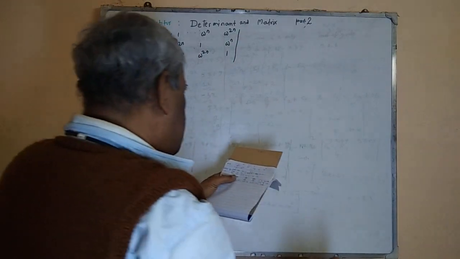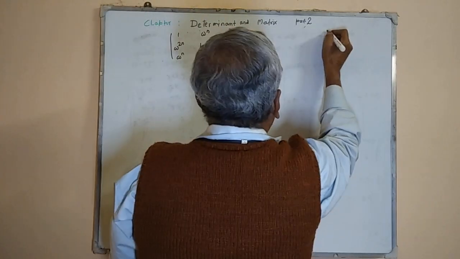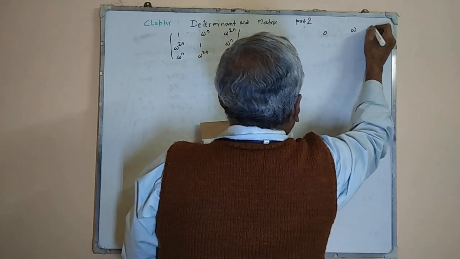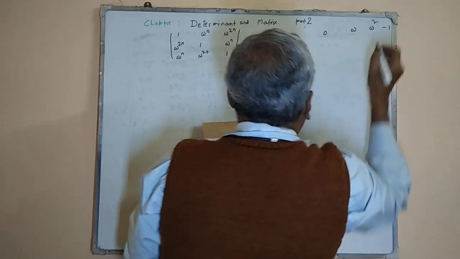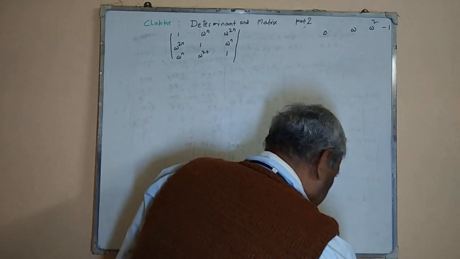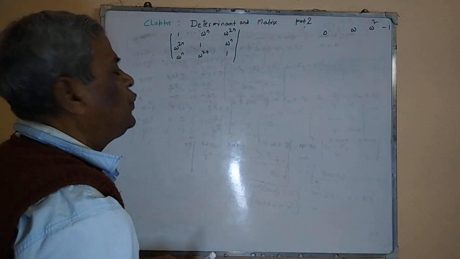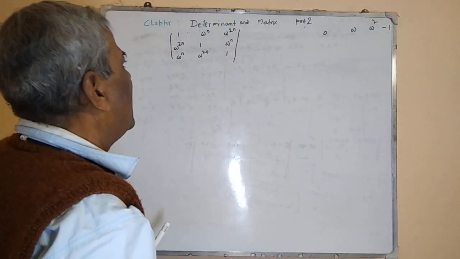Its value is, options: 0, omega, omega square and minus 1, where omega is the imaginary cube root of unity.